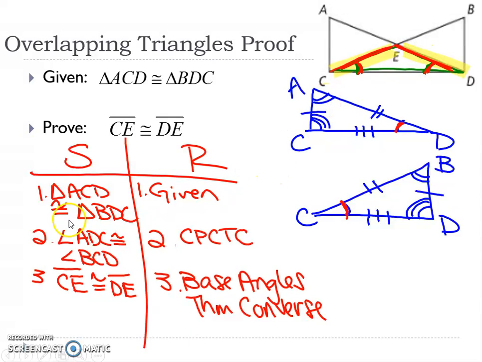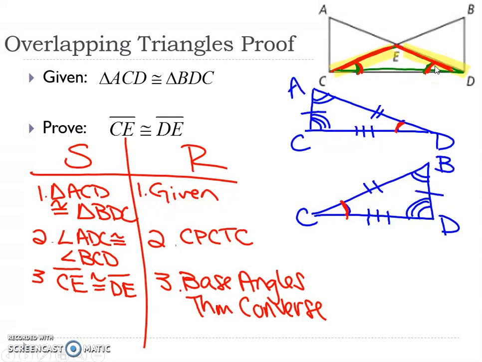So what we're going to write is given: these two triangles are congruent. That's given. And then we're going to say that this angle right here, ACD, and ADC right here, this angle, is congruent to this angle. And we can use CPCTC because that is the extra angle right here.